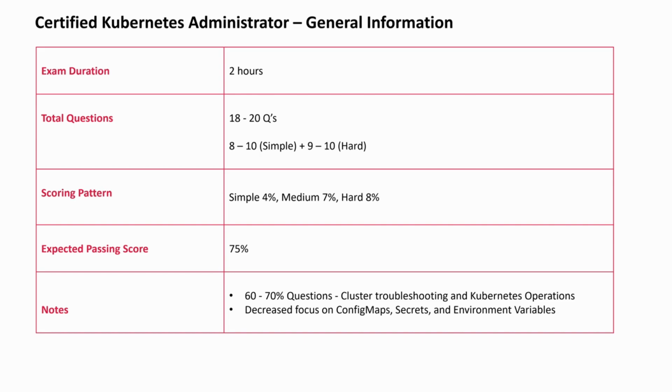Scoring pattern, 3 patterns, 4%, 7%, and 8% scoring for each question. 60 to 70% of questions come from cluster troubleshooting and Kubernetes operations. There is a decreased focus on config maps and secrets because CNCF will introduce the Certified Kubernetes Security Specialist certification in November.